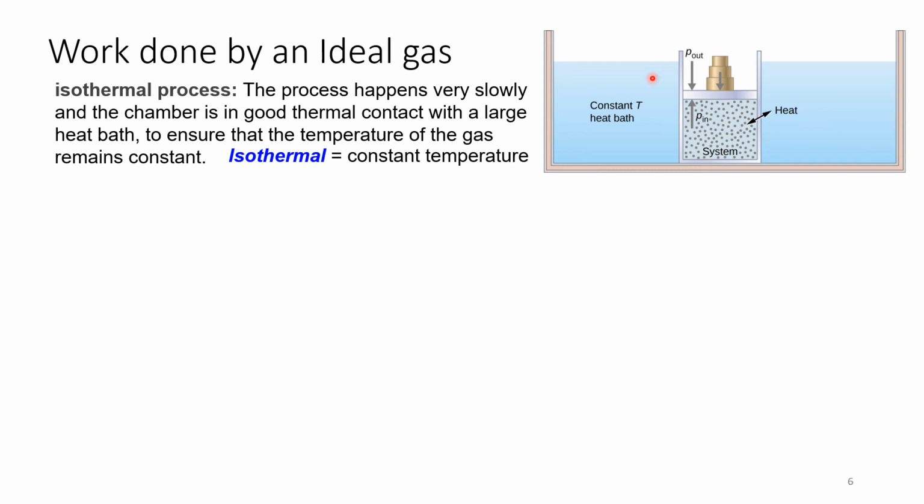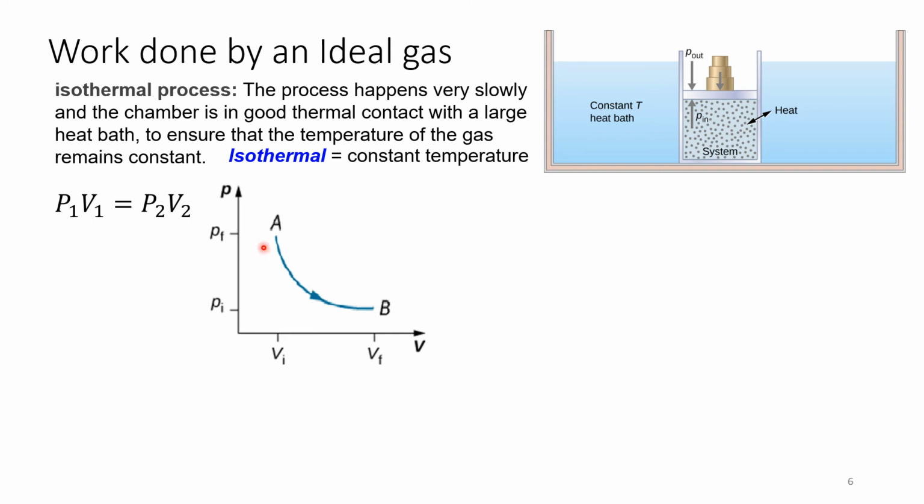We can draw a PV diagram for the isothermal process, and according to the ideal gas law, for constant T, we have P1 V1 equals P2 V2.